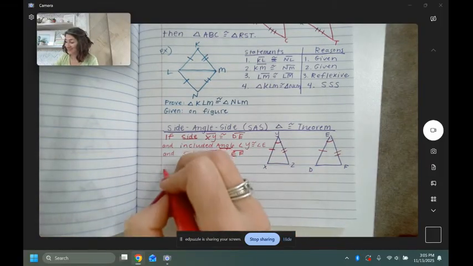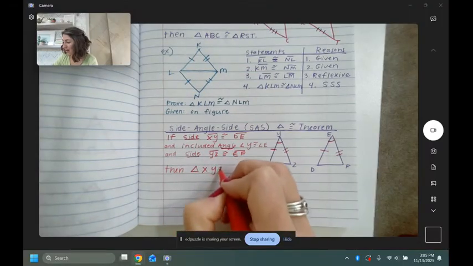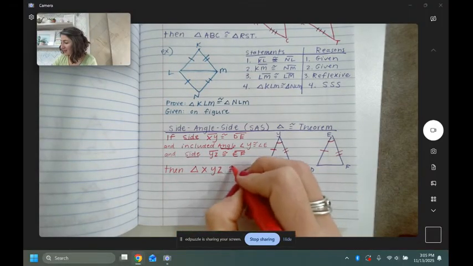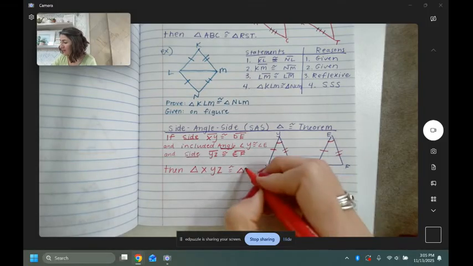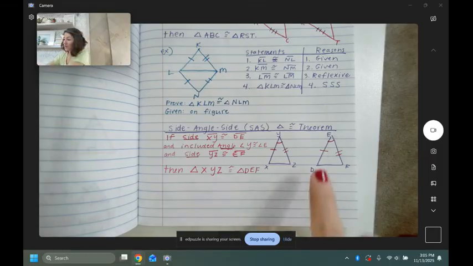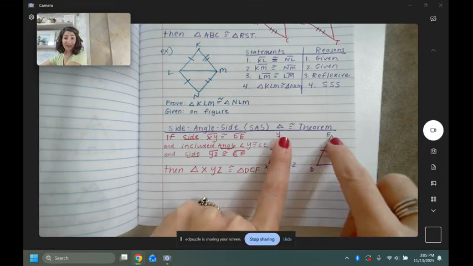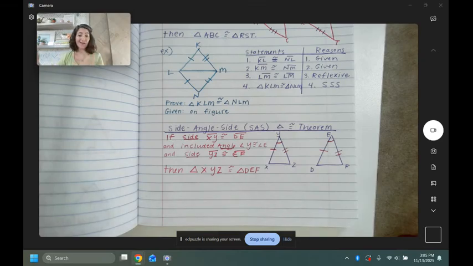Then triangle XYZ is congruent to triangle DEF. So if I can prove 2 sides and the included angle are the same, then the triangles are the same.